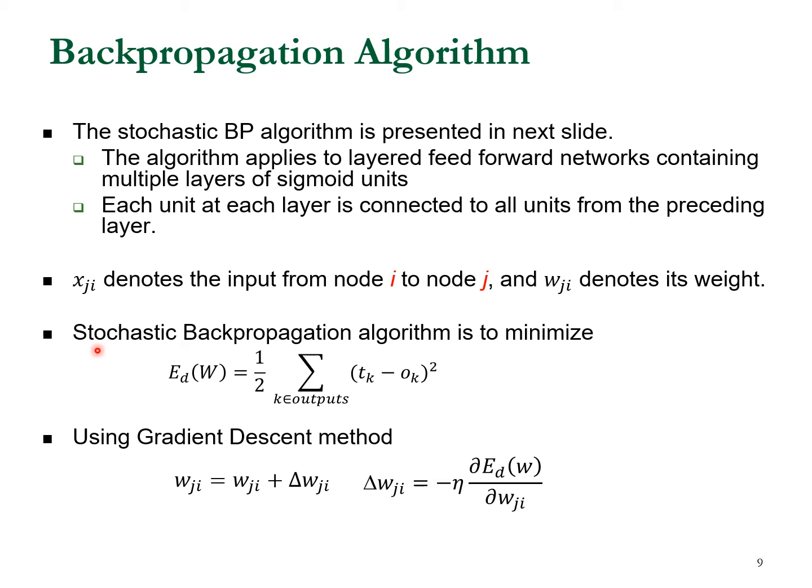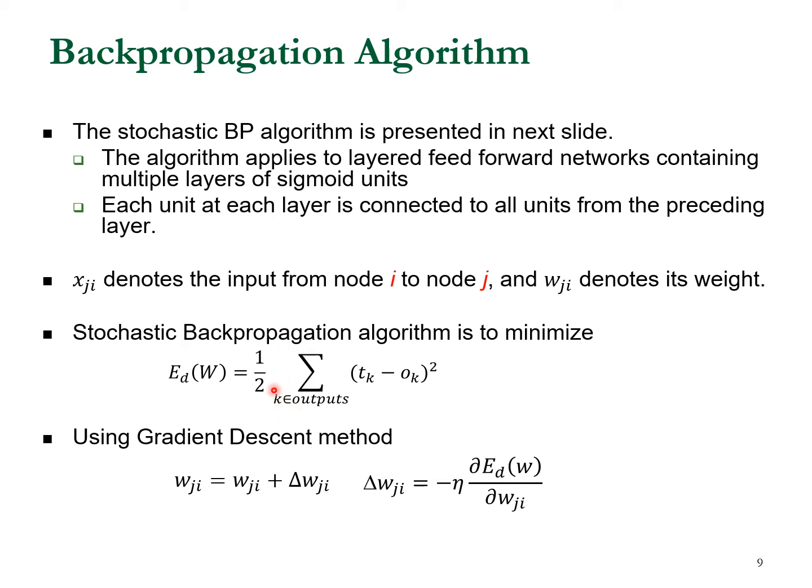As I said earlier, stochastic backpropagation is based on gradient descent, and that means the first step is to define the error function. This is the error function for stochastic backpropagation. Again, because this is stochastic, there is no summation over data here.